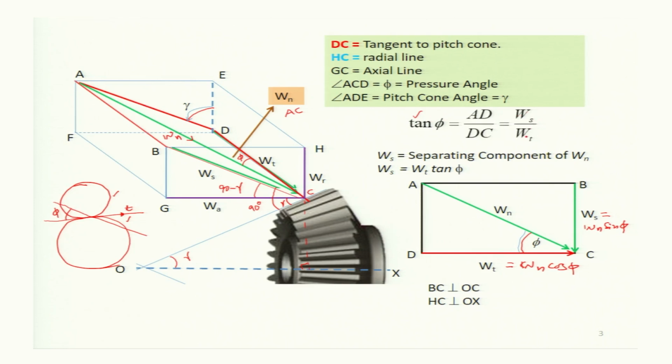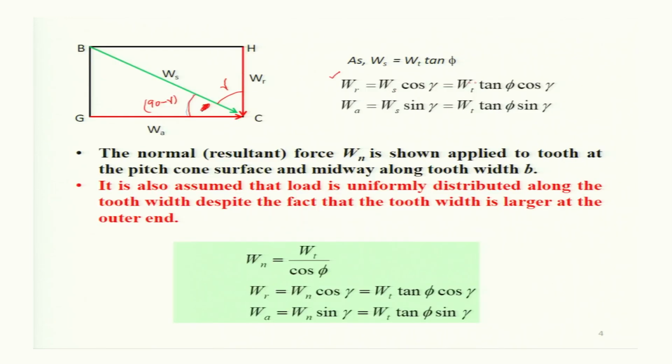This Ws divided by Wt was tan phi, and that was used here. So, Ws is Wt tan phi, and so the radial component of the normal force Wn is Wt tan phi cos gamma, and the axial component will be Ws sin gamma, and that is Wt tan phi sin gamma.